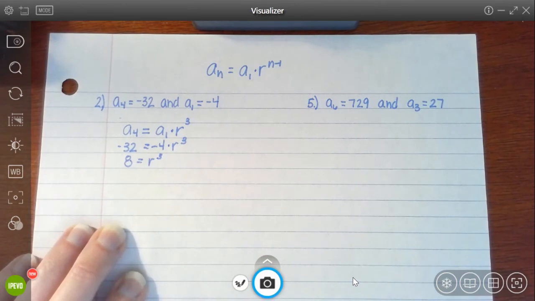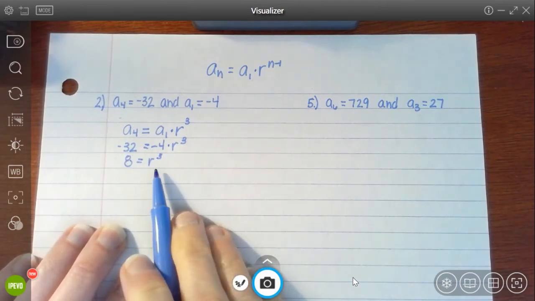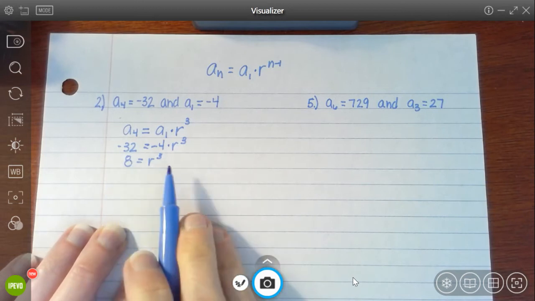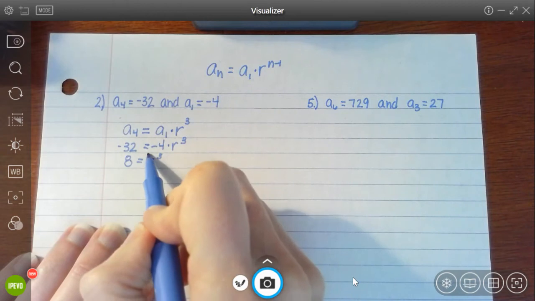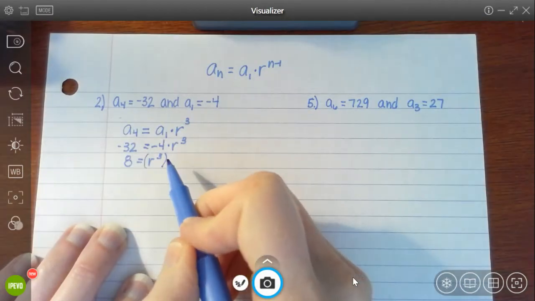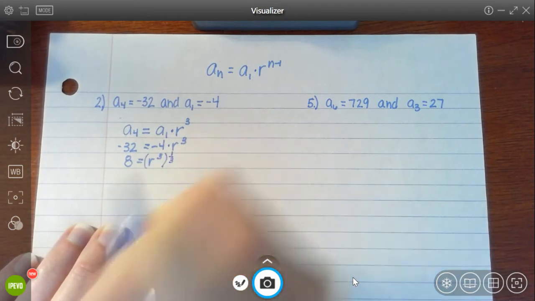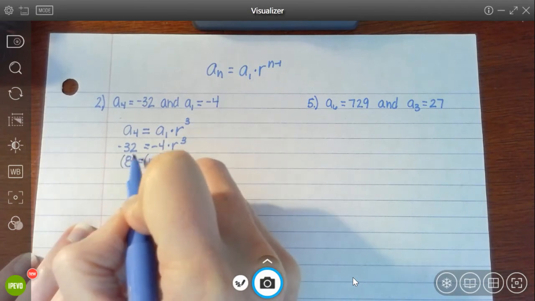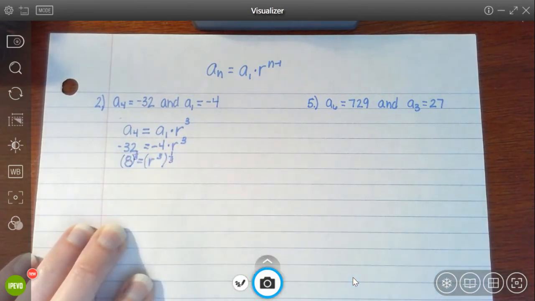And what we want is to get this r to the first power. So we're going to raise both sides of our equation to the reciprocal of the power on our r. If this is r to the 3rd power, I'm going to raise it to the 1/3 power to clear that out. And then to keep my equation balanced, I'm going to raise 8 to that 1/3 power.